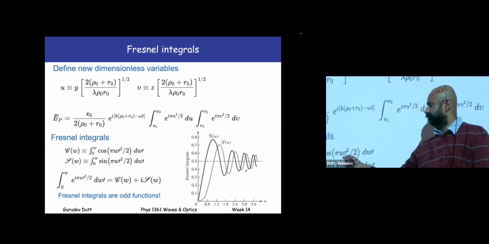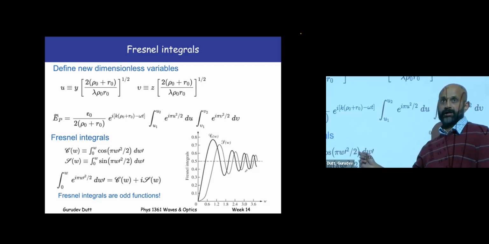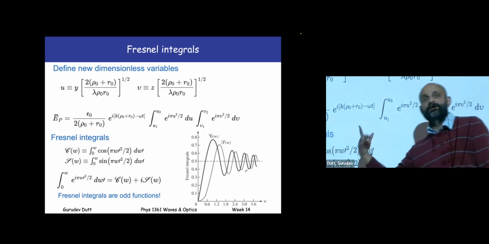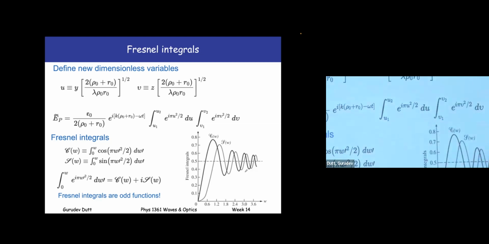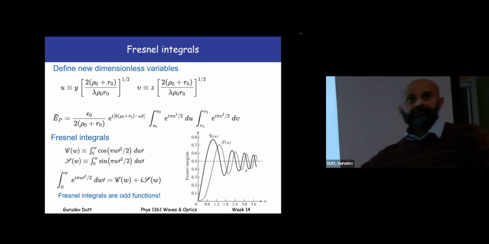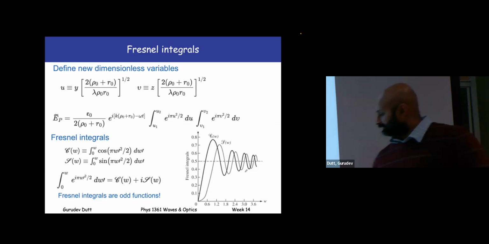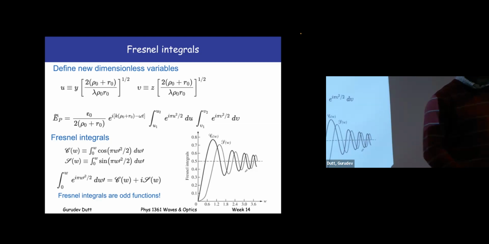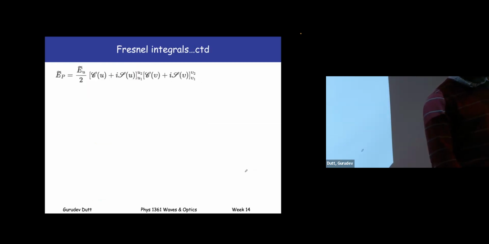In the Fresnel function, in the integrand, setting w prime to minus w brings it back to just cosine pi w prime squared, because this is a square of that variable. So again, overall, you get a minus sign. So you get that the cosine of minus w equals minus cosine of w. So that's an odd function of the coordinate w. That's why I only plot it for the positive values of w, and the negative values will just be the negative of that. Both the cosine and sine are odd functions.